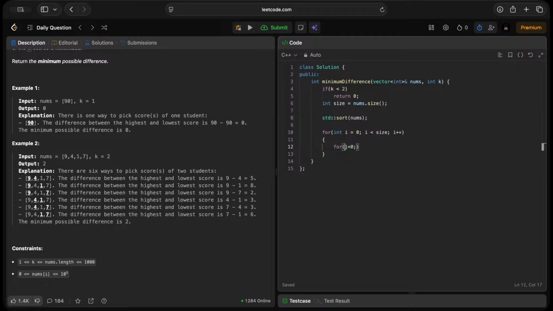So we need this for int j equals 0. J is less than my k, then j plus plus. And then we're just gonna have it small int sum.